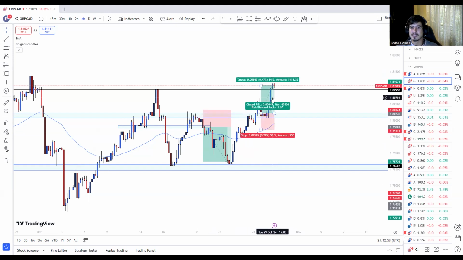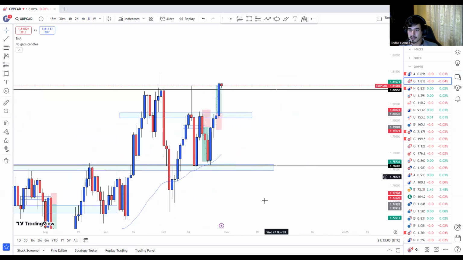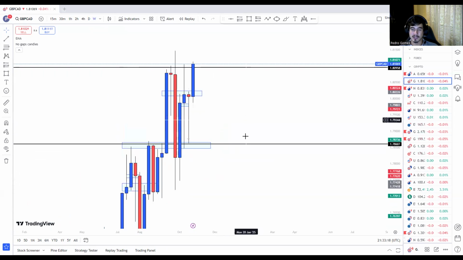So last week we got this one, and we could see that we were under this zone and we got the move to the downside. After this location in the chart, we don't want to sell because, like I said in the last video, you can see if you want.